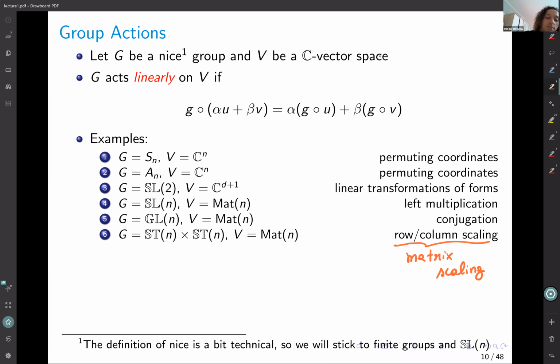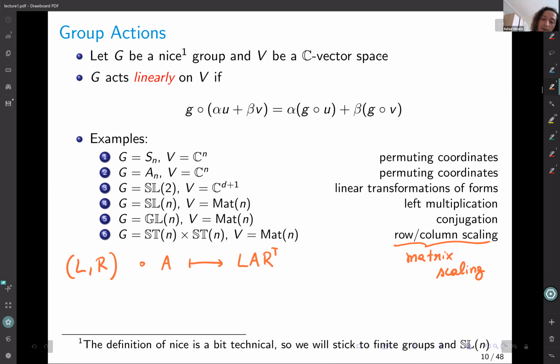Now I have two matrices, L and R, for left and right, and they will act on A by left and right multiplication. The multiplication will be L A R transpose.